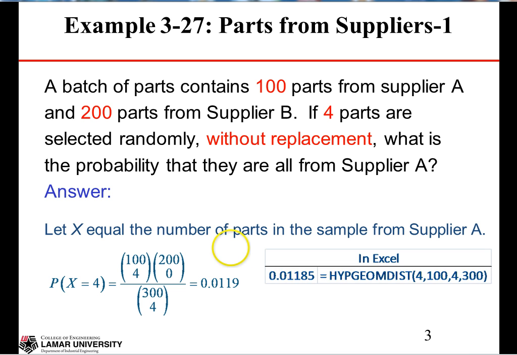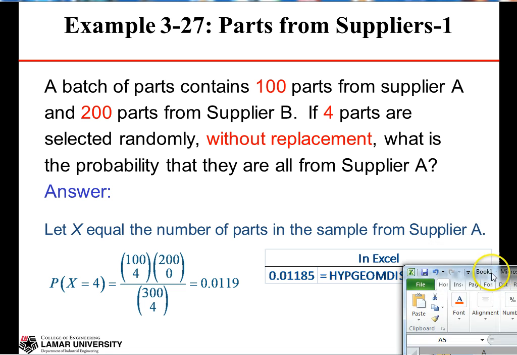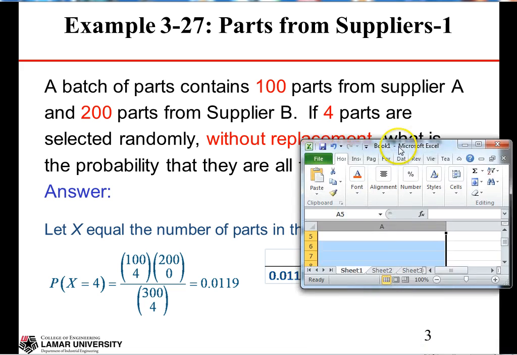And this problem can also be solved using Excel. You can easily calculate the number by simply typing a built-in function in Excel called Hypergeometric Distribution. So let's do it here.